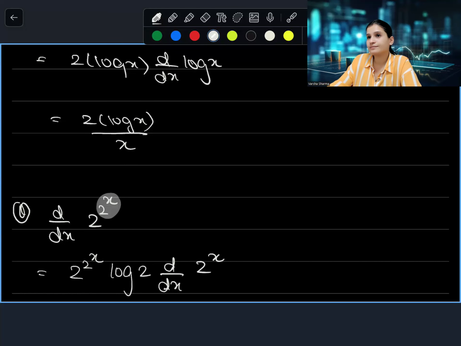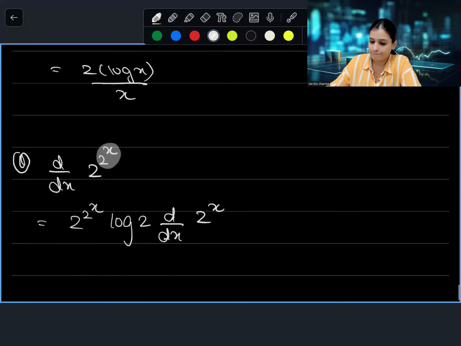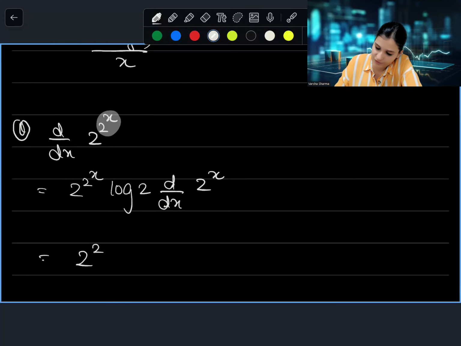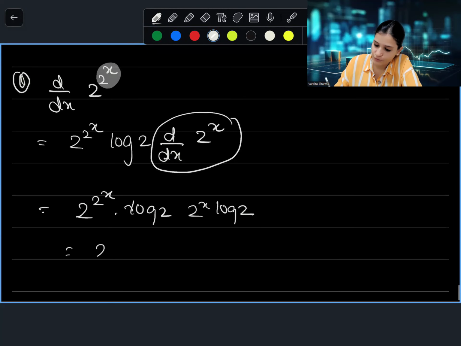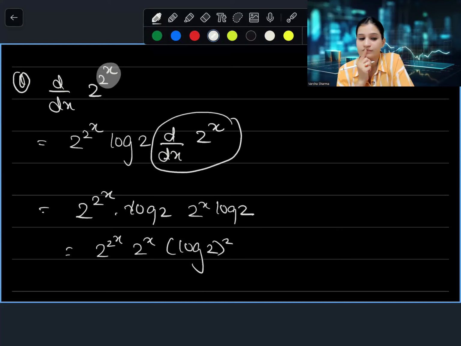Is this line okay? Yes, ma'am. So 2 power x into log 2. Now what's the differentiation of this? 2 to the power x log 2. So we have 2 power x into log 2 whole square.